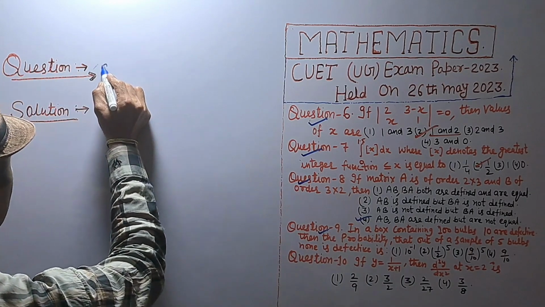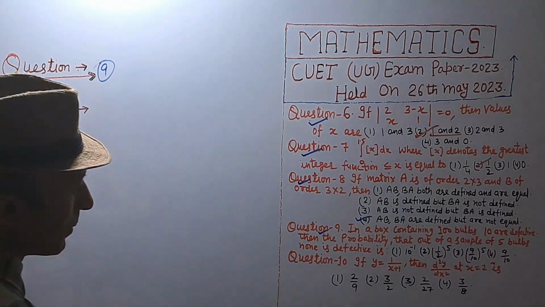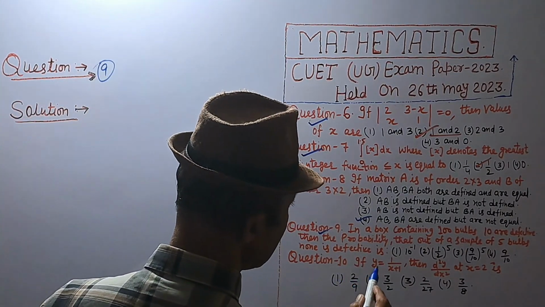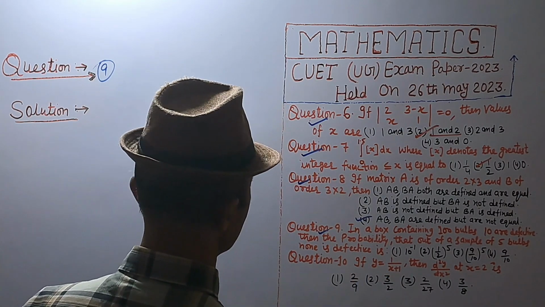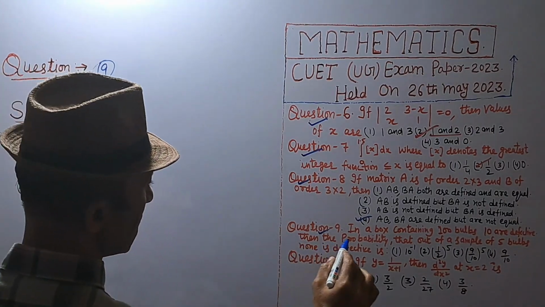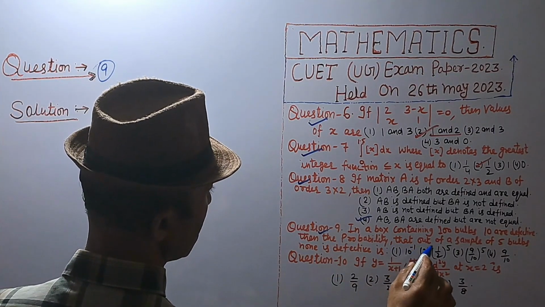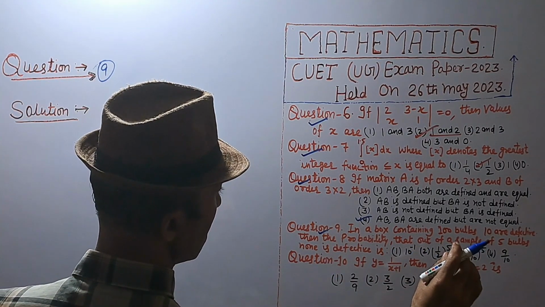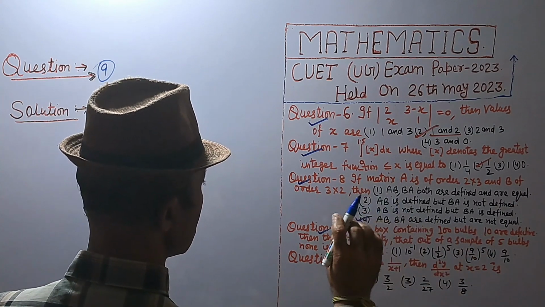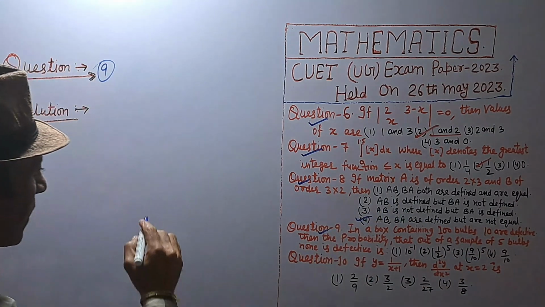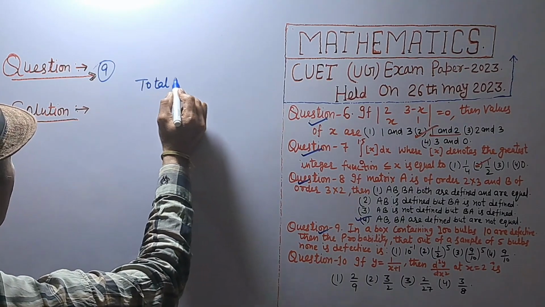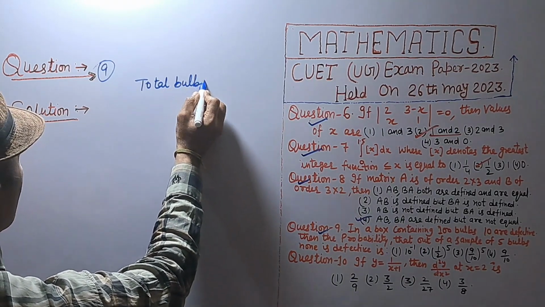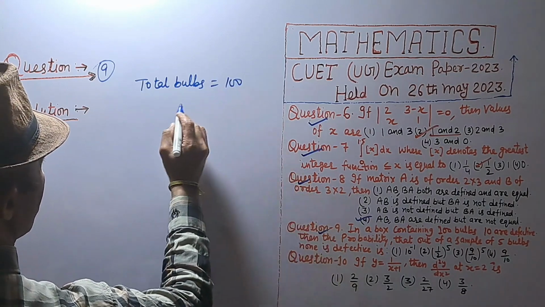Question 9. In a box containing 100 bulbs, 10 are defective. Then the probability that out of a sample of 5 bulbs, none is defective. Total bulbs is equal to 100.